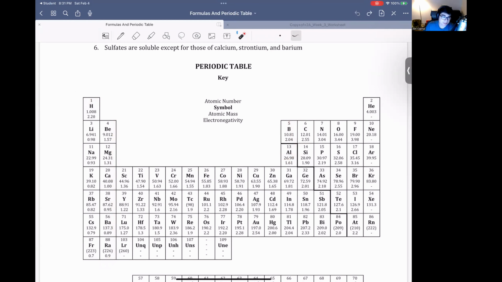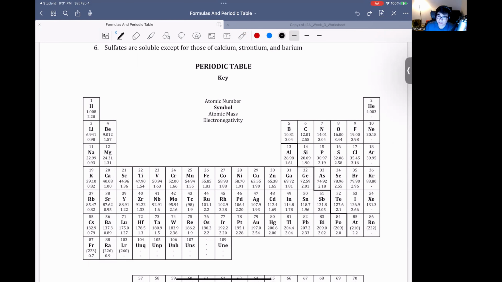Some other important parts of the periodic table, right, is your noble gases. They don't do anything, so if you see those in a reaction, they are inert, right? They're not going to react. The other important part is the transition metals, right? Everything pretty much down here. We're going to look at those with naming, right? A lot of these transition metals can have different oxidation states.